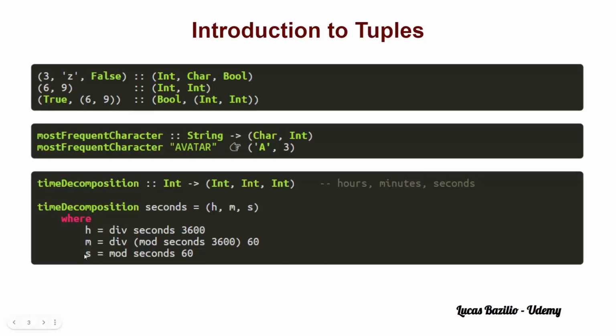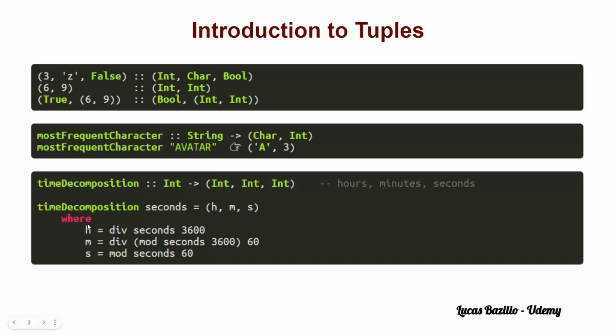And a possible way of implementing this function we have shown here. So the idea is that from a given number of seconds, that is this variable seconds, we will return the tuple (h, m, s), where h is this value, m is this value, and s is this value.